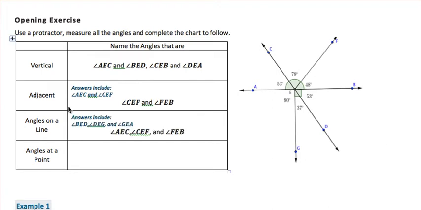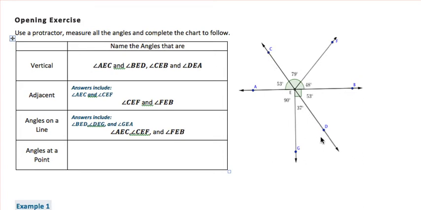Angles on a line, we have BED and DEG and GEA. These three create a line, which is 180 degrees. We also have AEC, CEF, and FEB. That is also 180 degrees, or a straight line. But there are other combinations.